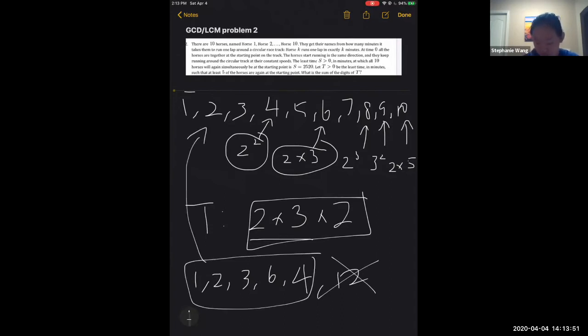So that means that 12 is going to be the least possible number that is a multiple of 5 of these numbers, 5 of the 1, 2, 3, 4, 5, 6, 7, 8, 9, 10. And for this problem, you want to be careful because a lot of the time people look at 8 and think we should include 8. But if you think about it some more, we can use 12, and 12 would also work. So that means don't include 8 into the number.